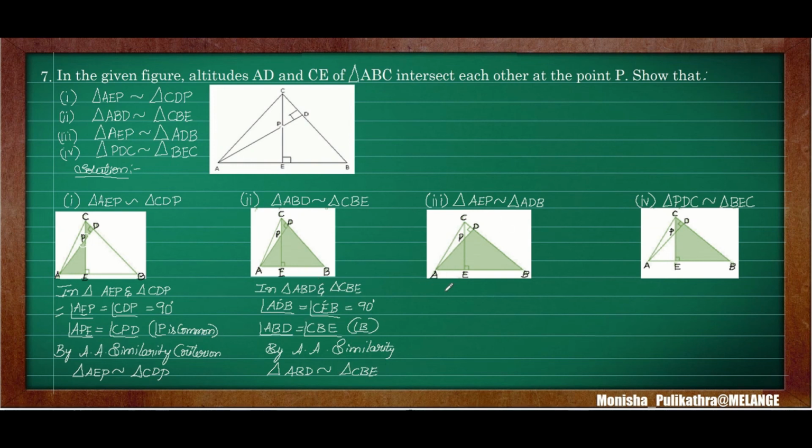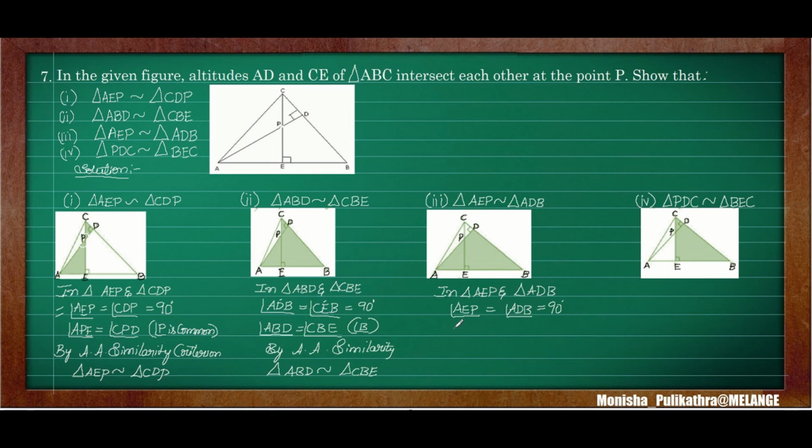So moving on to the third one, in triangle AEP and triangle ADB, again two 90s are there. In AEP, angle E is 90, and in ADB, angle D is 90, therefore angle AEP and angle ADB are equal because both are 90. Next, in both triangles, A is common.